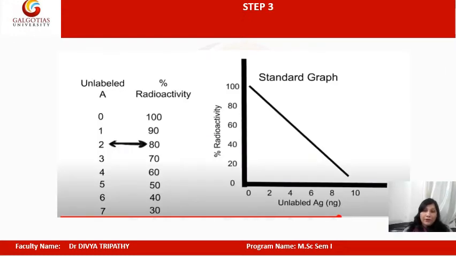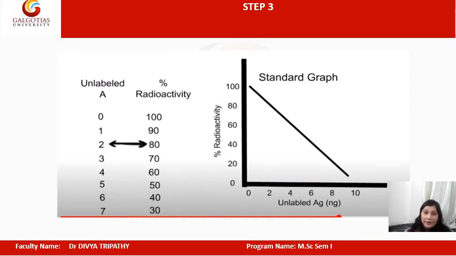Now we will perform the same exercise again, but in this step we will add a 2 microgram per milliliter solution to a microtiter plate of 100% radioactivity. In the previous step, I used a 1 microgram per milliliter concentration. Now we are going to use a 2 microgram per milliliter concentration of antigen.